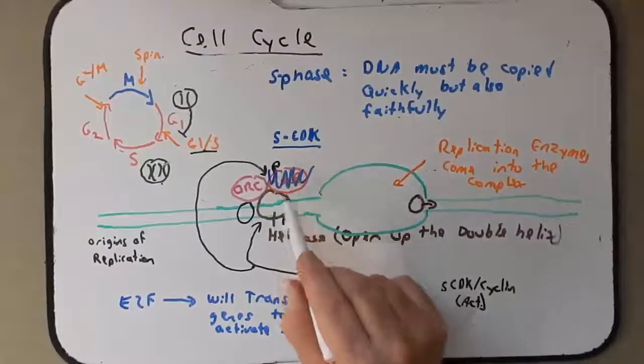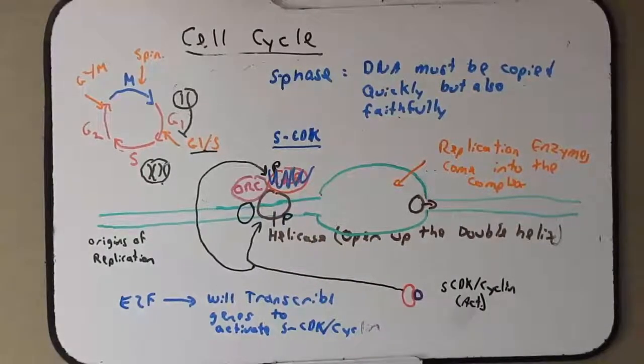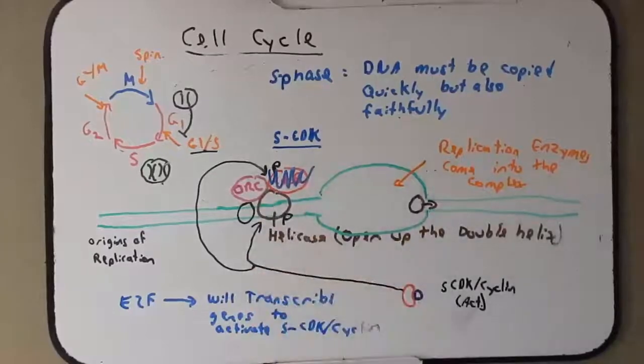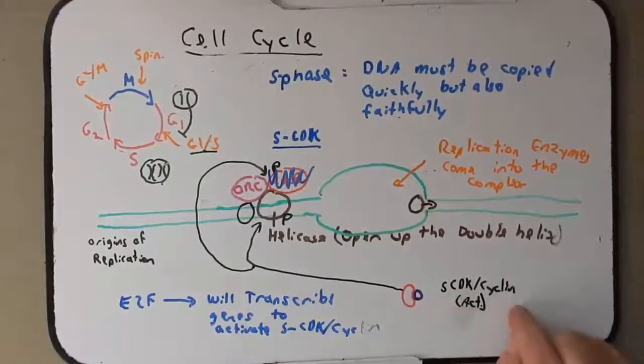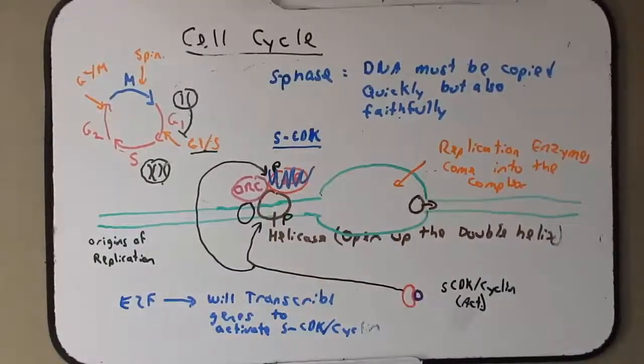So it's really important to remove this CDC6 so that the DNA is only copied one time. If this was prevented from happening, as I just said, the DNA would copy itself multiple times. Activated S-CDK cyclin phosphorylates helicase and CDC6 so that the DNA is copied once and only once.